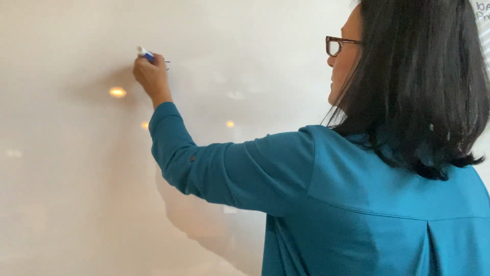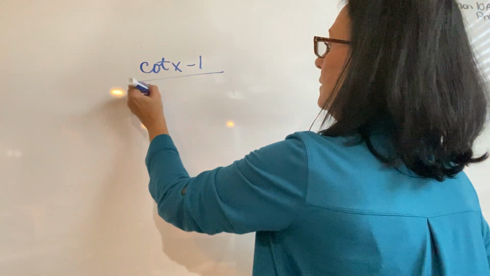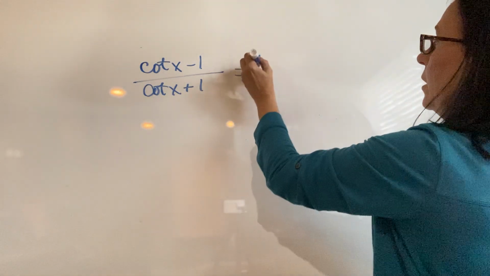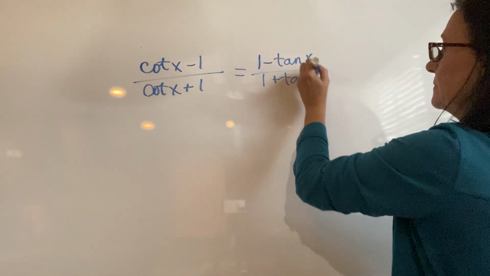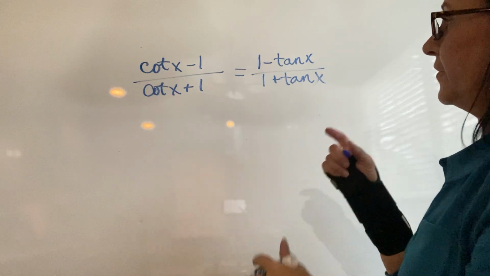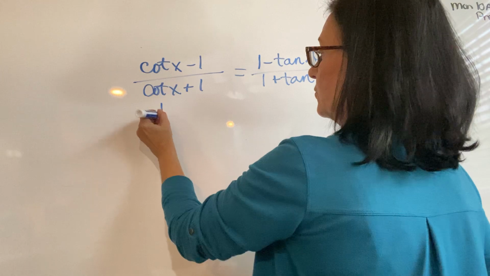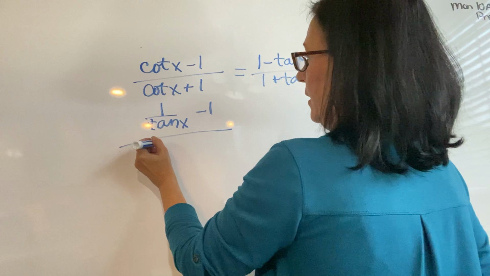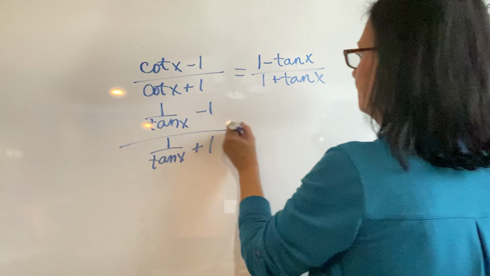All right, so we have the cotan x minus 1 over cotan x plus 1 equals 1 minus the tan of x, and I bet it's 1 plus the tan of x. All right, so my first thought is I'm going to make the cotan 1 over the tan. So it's 1 over the tan minus 1 over 1 over the tan plus 1.